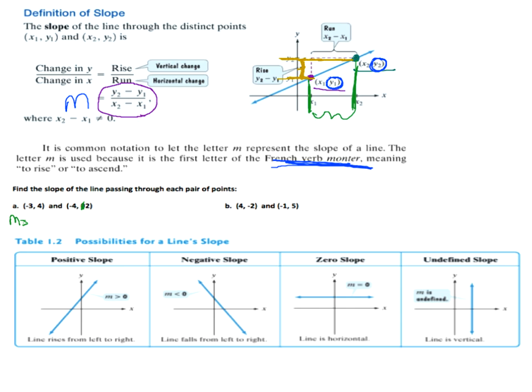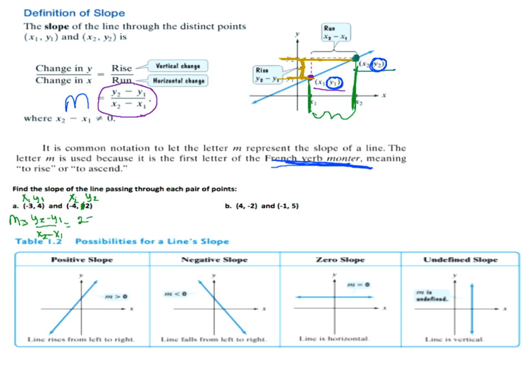So it doesn't matter which points you start with. So for simplicity's sake, I'll call this one x1, y1, and this one x2, y2. Okay, so slope is y2 minus y1 over x2 minus x1. Nickel's worth of free advice: anytime you use a formula, write it down. That way you don't have to spend time trying to memorize it. By the time the test comes around, you'll just know the formula because you've written it so many times.